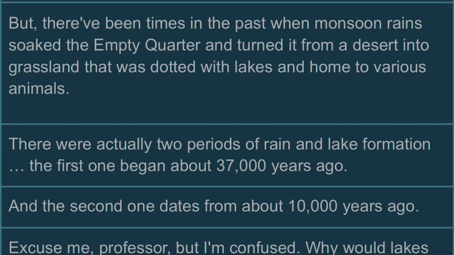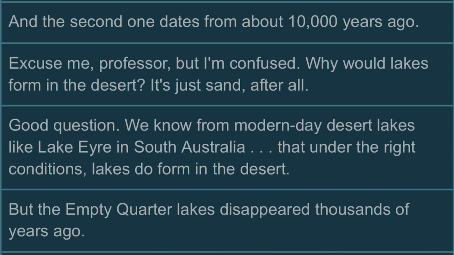But there have been times in the past when monsoon rains soaked the empty quarter and turned it from a desert into grassland that was dotted with lakes and home to various animals. There were actually two periods of rain and lake formation. The first one began about 37,000 years ago, and the second one dates from about 10,000 years ago.